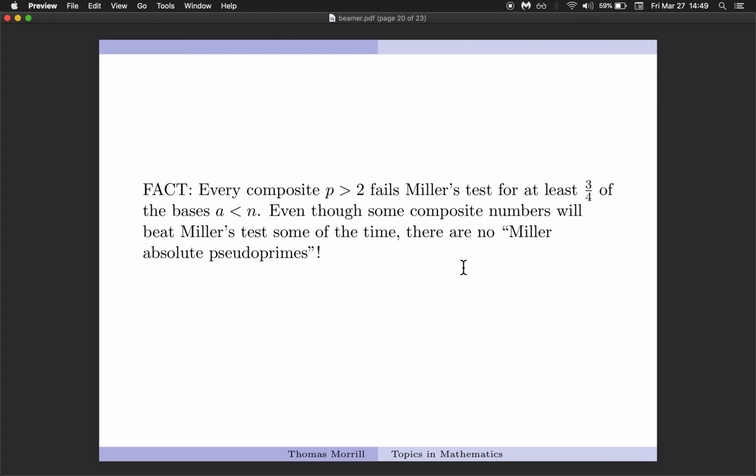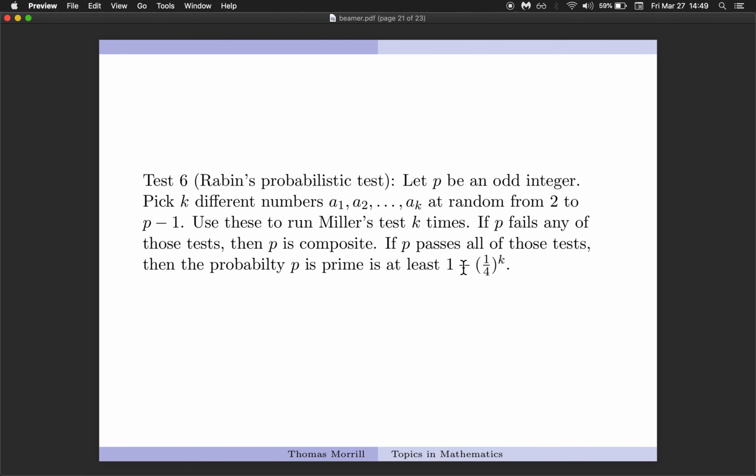So let's work this in. Let's get some probability working for us. Now this is Rabin's probabilistic test, or sometimes people will call this the Miller-Rabin test. Setup's pretty much the same. Let p be an odd integer. We're going to pick k different bases, a1, a2, up to ak, the whole list, at random between 2 and p minus 1.